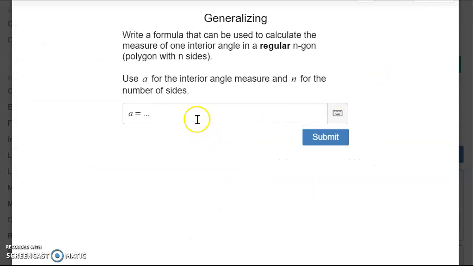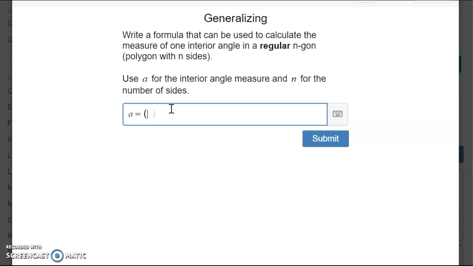Alright, so write the formula that can be used to calculate the measure of one interior angle of a regular polygon. Okay, so how do I figure out the total sum? The total sum depends on however many sides a polygon has. So that's going to be n, and we need to subtract 2.